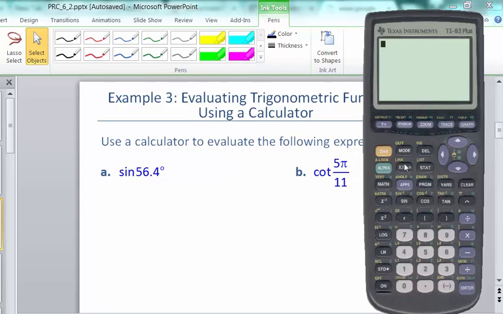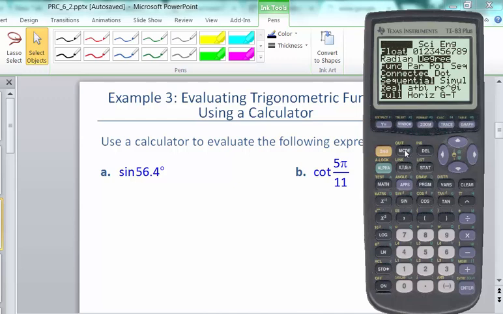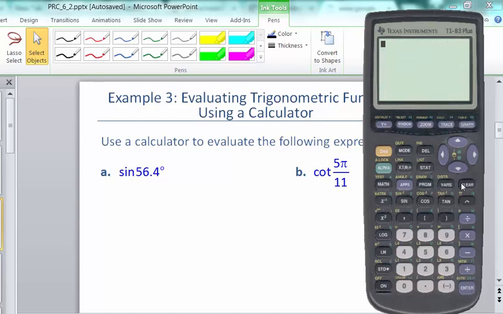So the first thing that I need to do is check my mode and be sure that I am in degrees, which I am. Then I can enter the problem in. So I can press the sine key, then 56.4, and close the parenthesis. Pressing enter gives me an answer of 0.8329.